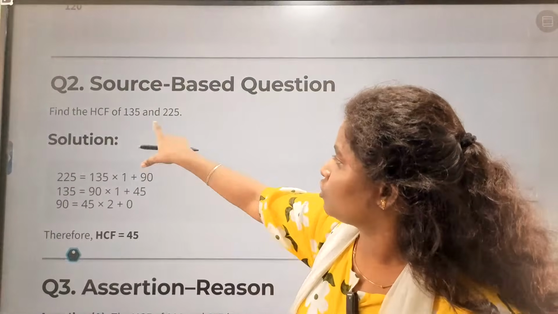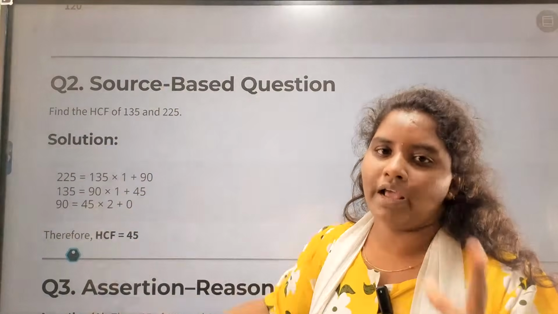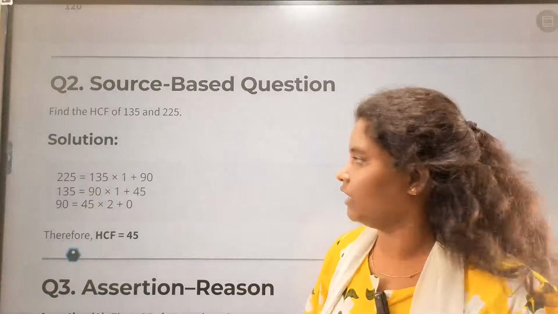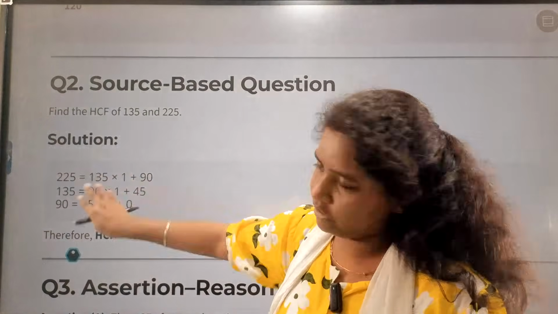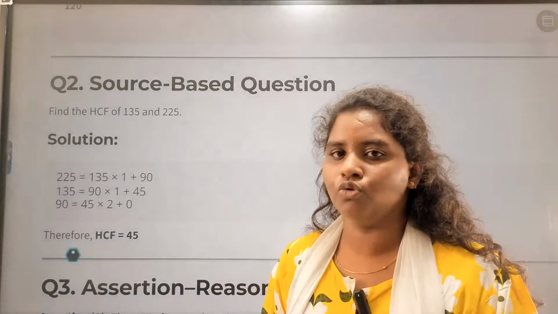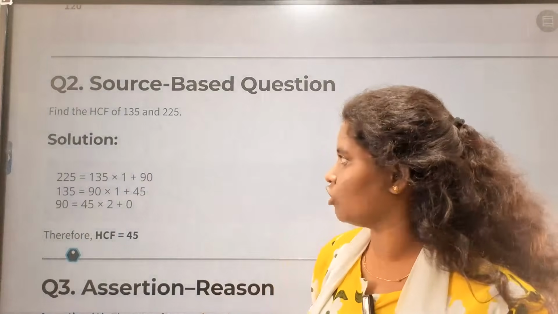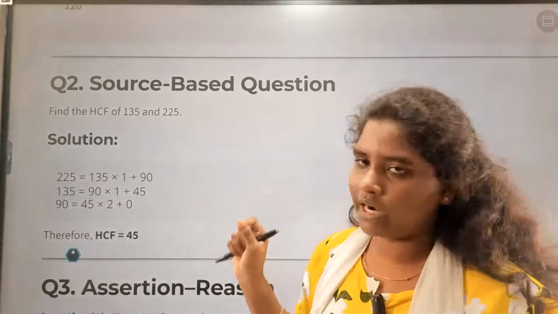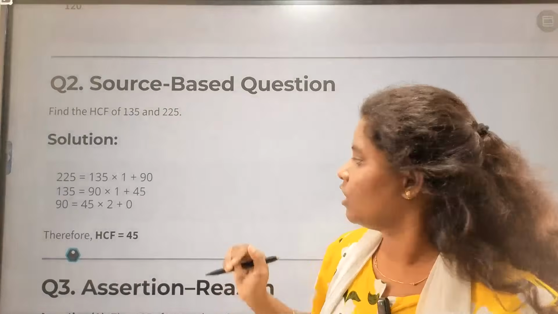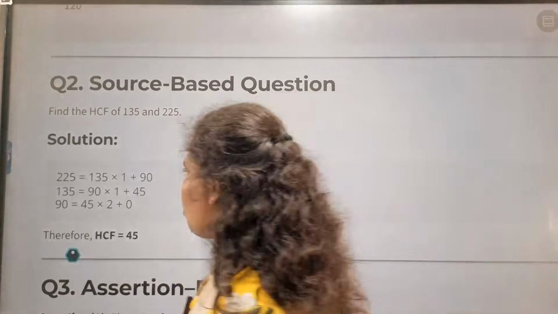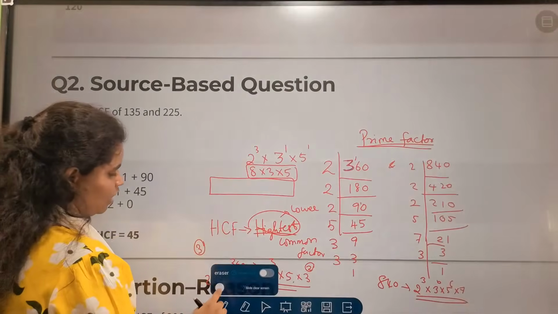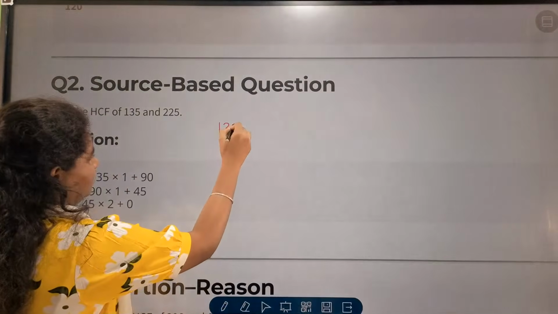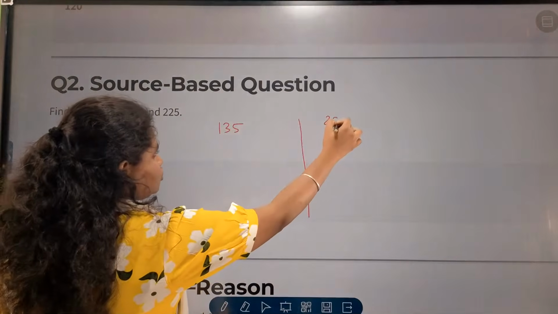Here they gave it using the equidivision lemma, but we'll try using the prime factorization method also. The HCF of 135 and 225 is 45. Here the first number is 135 and the second number is 225.